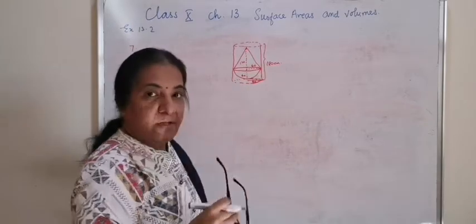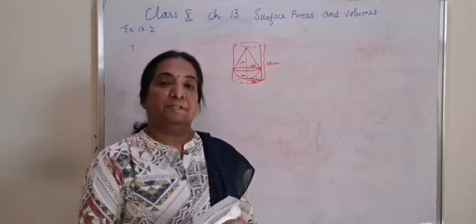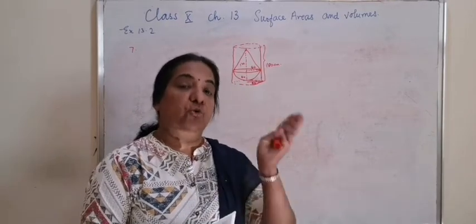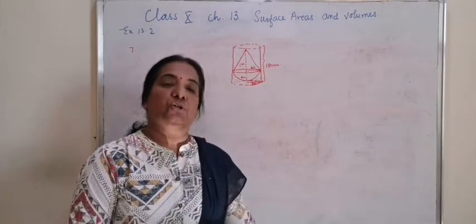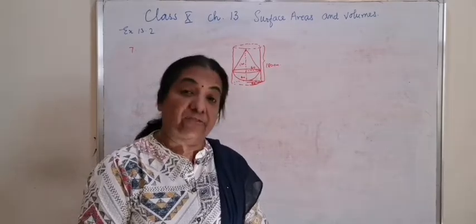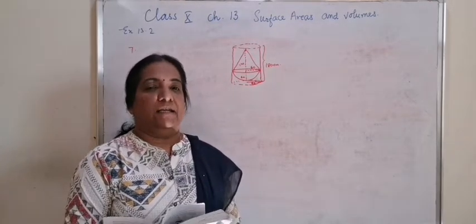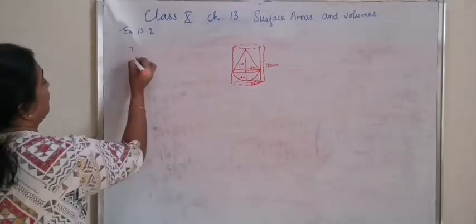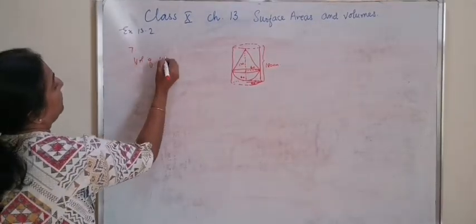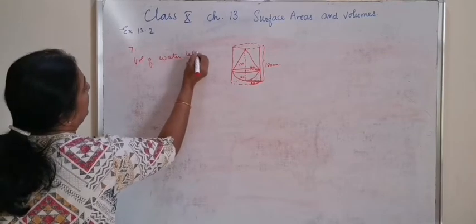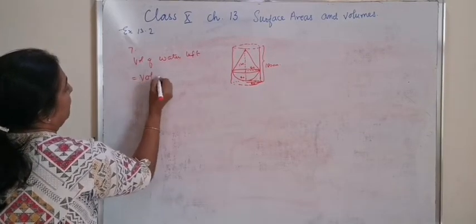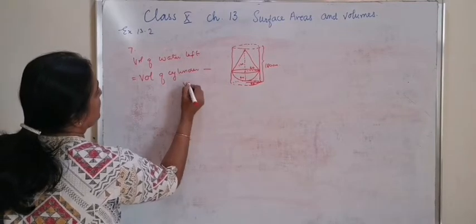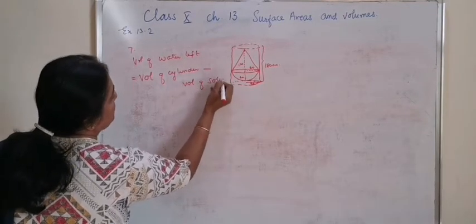The cylinder was completely filled with water, and when the solid was kept into the cylinder, the water overflows. Then what will be the volume of the water left in the cylindrical container? The concept is volume of the water left is equal to volume of cylinder minus volume of solid.